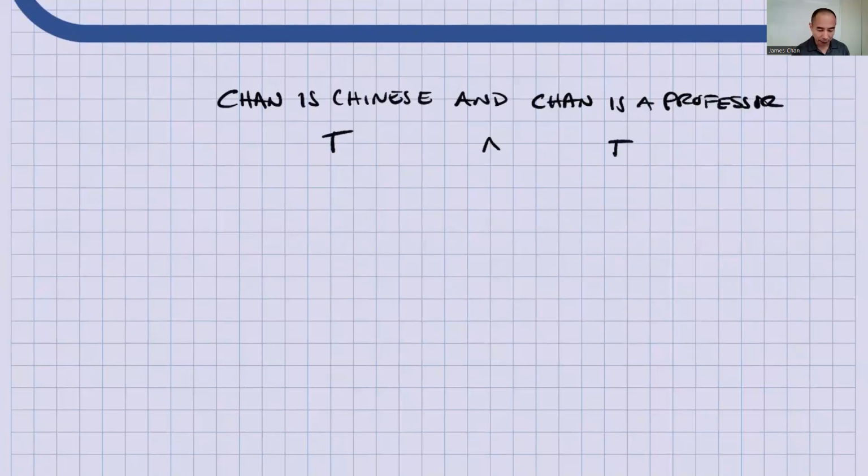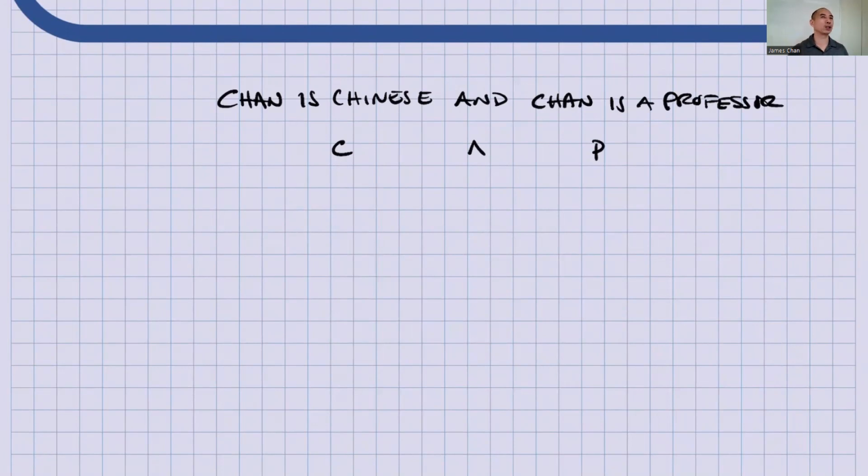So I could call this C and this P, and this would be C and P. You want to use T and T because it's a true and true.